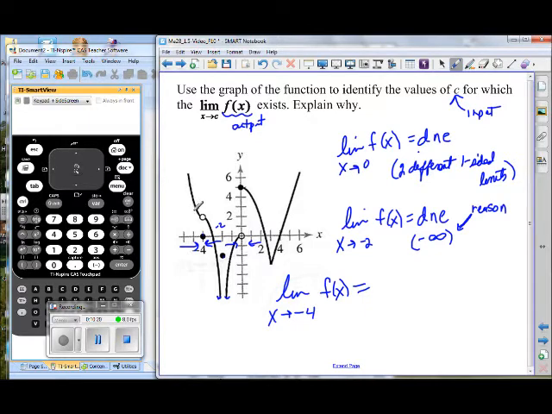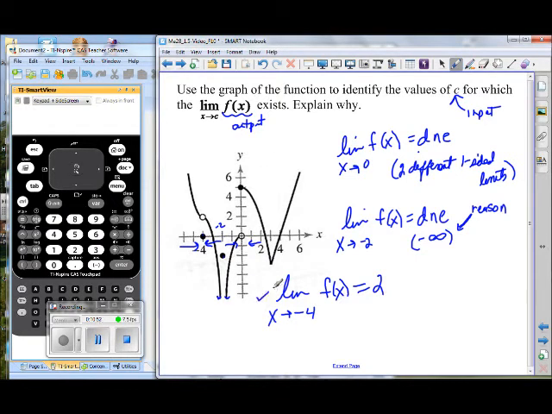If one of my hands is going here and the other one is going here, could I clap, understanding that I can get as close to negative 4 as I want? And the answer to that is yes, it would. It does exist. The value of the function is not there. It happens to be down here, but the limit is going to here. So the limit, and I'm going to just come over here and look at this, the limit of those output values is 2.